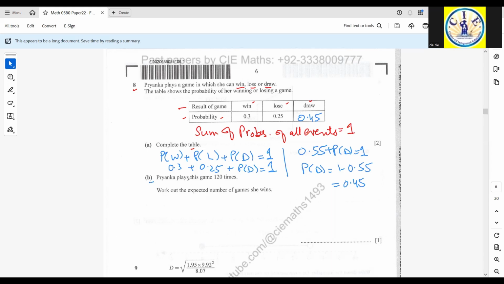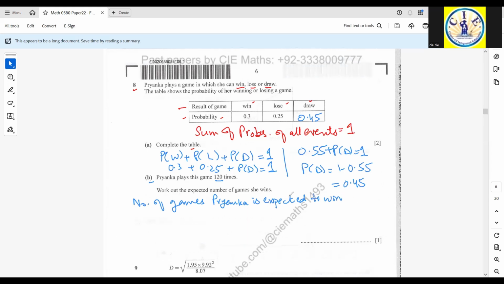Then part B. Priyanka plays this game 120 times. Work out the expected number of games she wins. So the number of games Priyanka is expected to win.